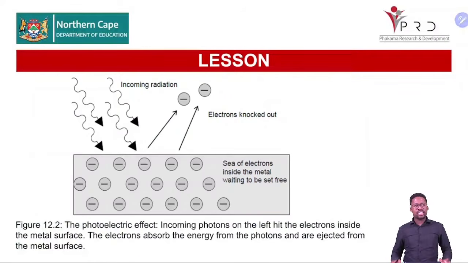How did he do it? He demonstrated a simple experiment. He took a metal plate, and then he took two different lights. The one was visible light, the normal light that you use at home. The other one was ultraviolet radiation. Now, when he used the visible light on the metal plate, there were no electrons removed from the metal surface.